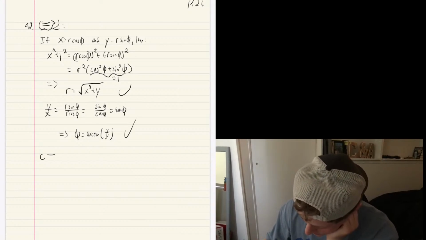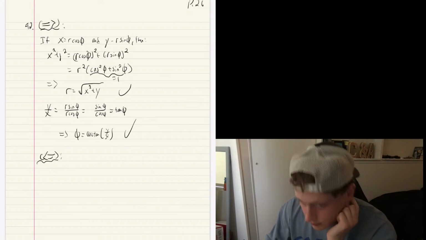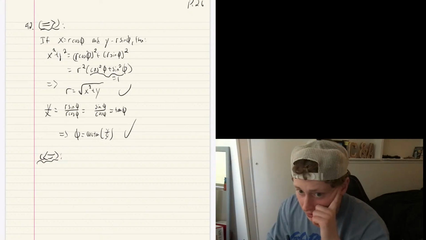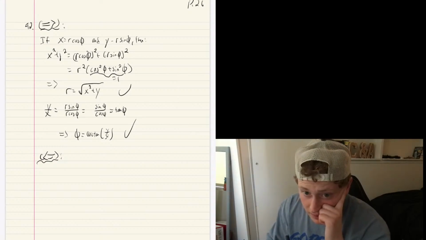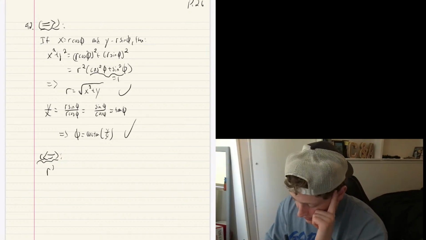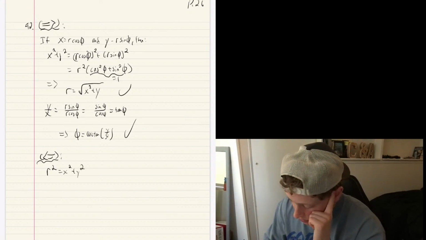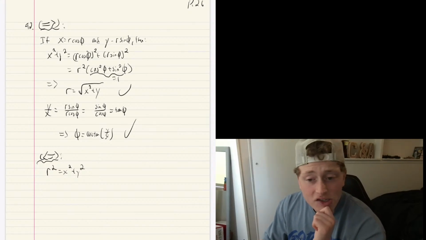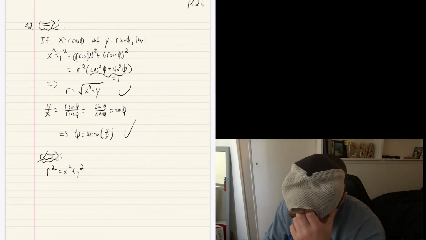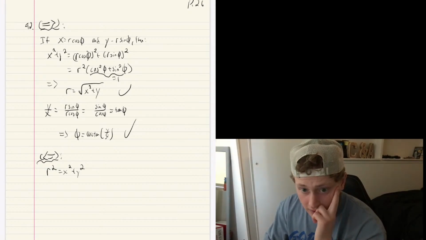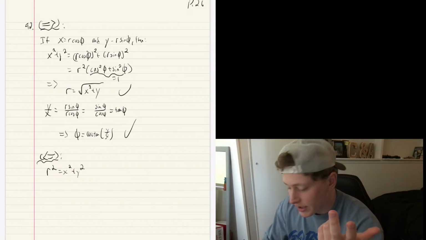And I proved the backwards way. So assuming we have r is equal to the square root of x squared plus y squared, we square it. I mean, isn't this just doing this backwards? r squared is equal to x squared plus y squared. Okay. I mean, this is just checking that it works.